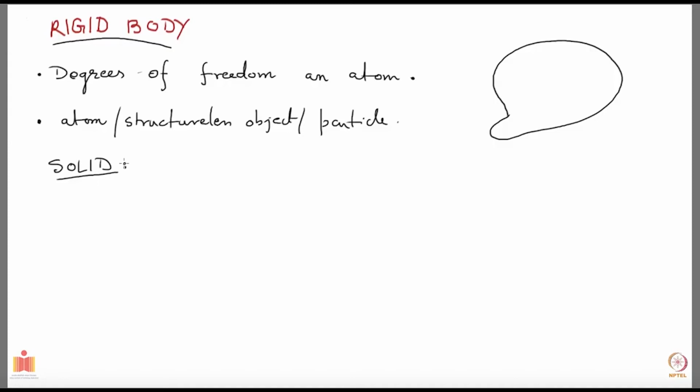Let's say you are interested in only throwing it up in air or in space, and you just want to see how it moves around. If you are interested in only that much, then you can regard your solid as made up of particles or atoms whose distances from each other are fixed. That is what you can regard it as.